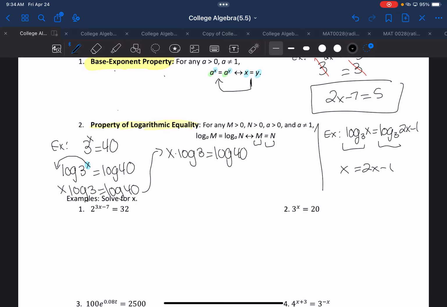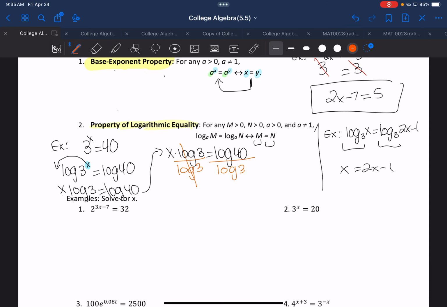So anyways, log of 3, that's just a number. If I plugged in log of 3 in my calculator, it would be equal to a decimal. And so is log of 40. So I can get that variable by itself now just by dividing by that log of 3. Because log of 3 divided by log of 3 cancels.